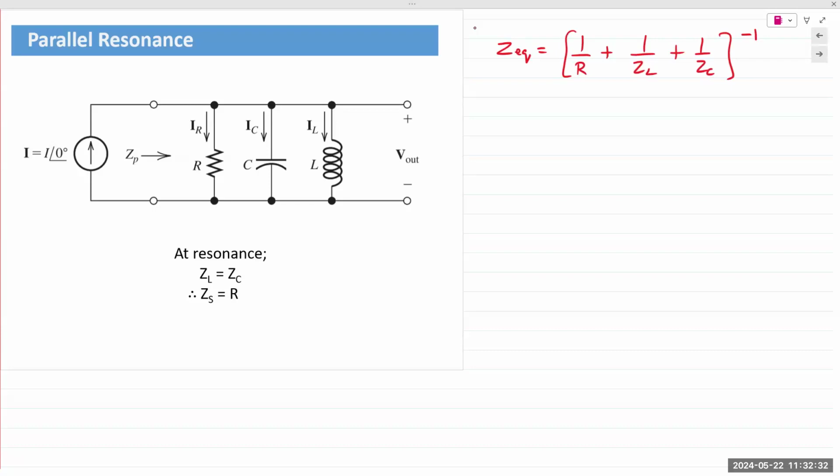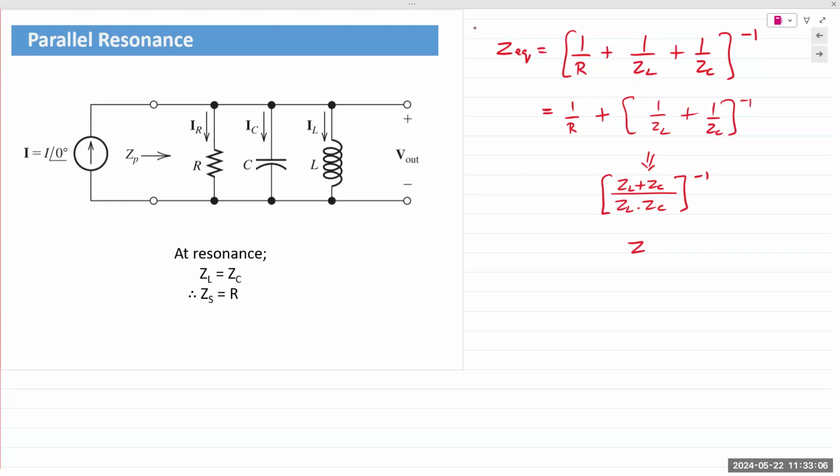If we take just the inductor and the capacitor, we have ZL times ZC over ZL plus ZC, and we flip those.